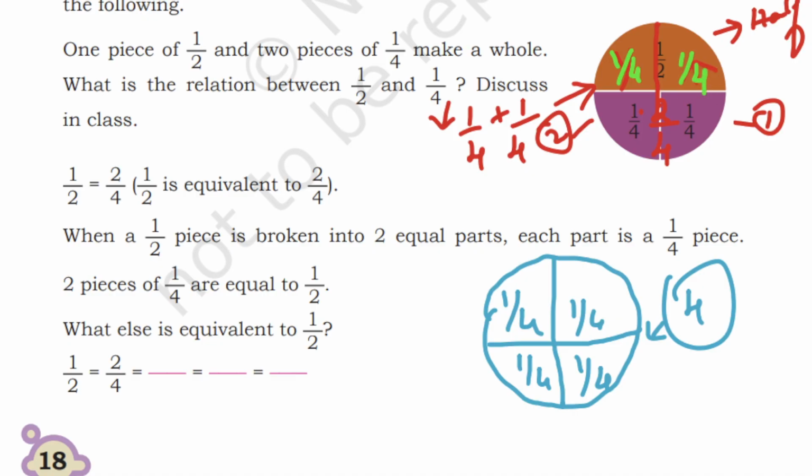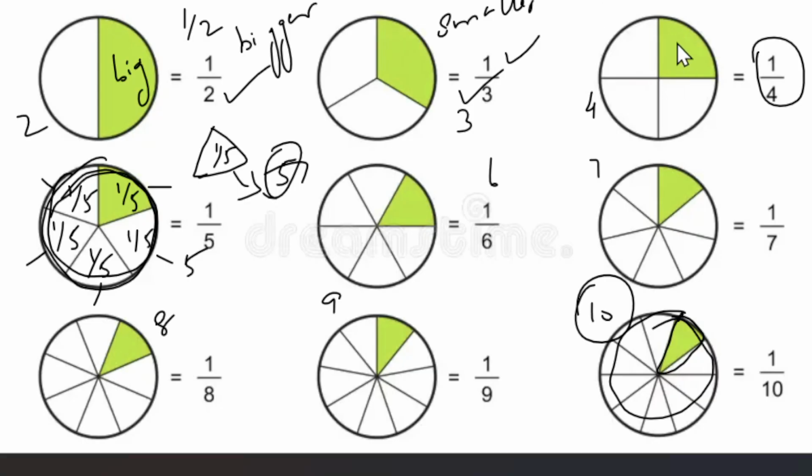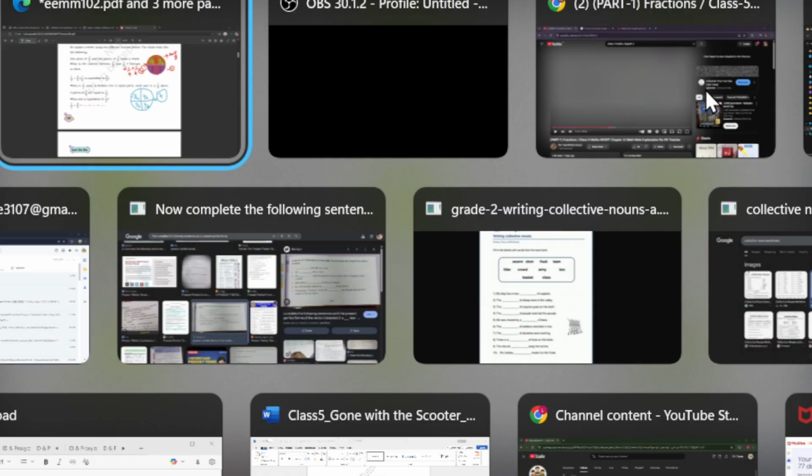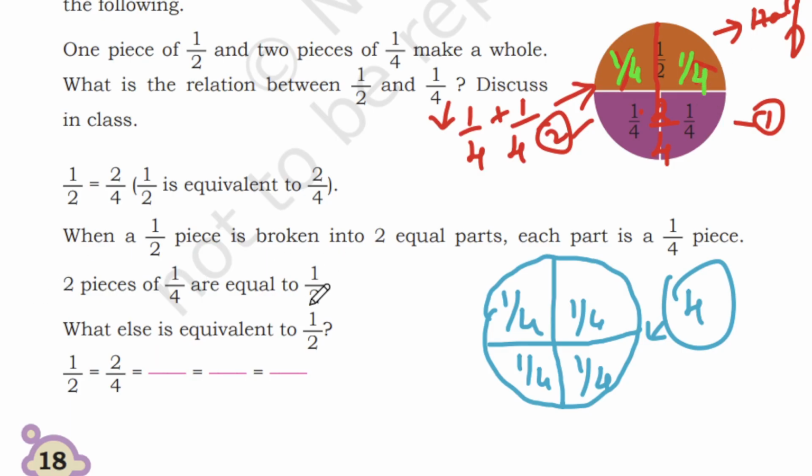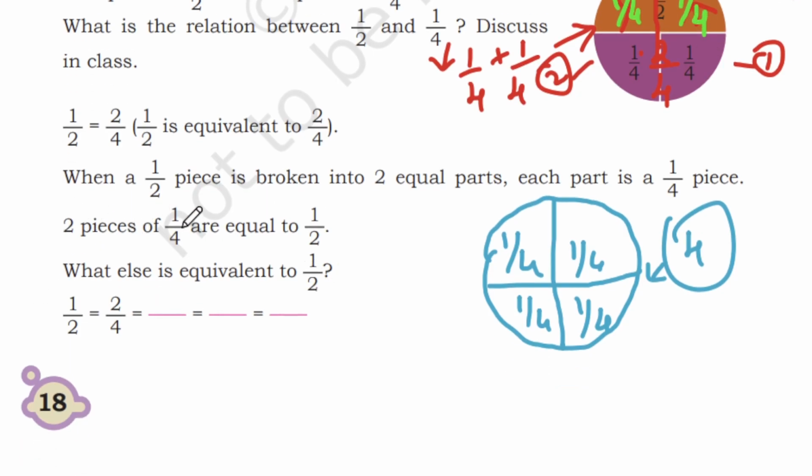So we'll go back again to the image. Look at this image. This is 1 by 2, but when you have 4 parts, each part is 1 by 4. Okay, clear? So 2 pieces of 1 by 4 is equal to 1 by 2.